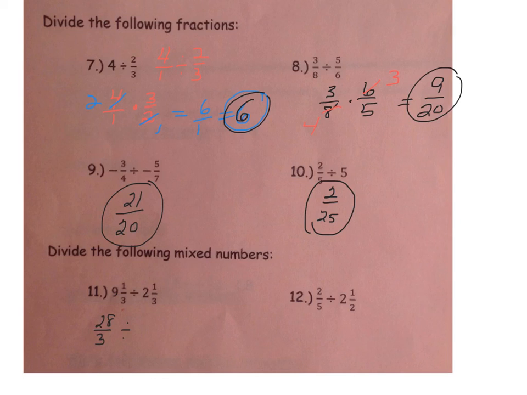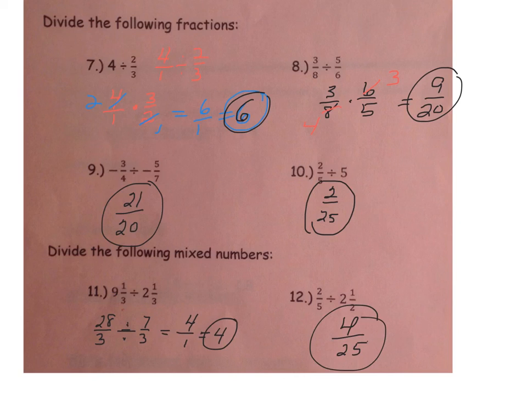Divided by 2 times 3 is 6, plus 1 is 7. 7/3. Guess what? I can divide this straight across. 28 divided by 7 is 4. 3 divided by 3 is 1. Okay, try the next one, please. Pause. Show work.